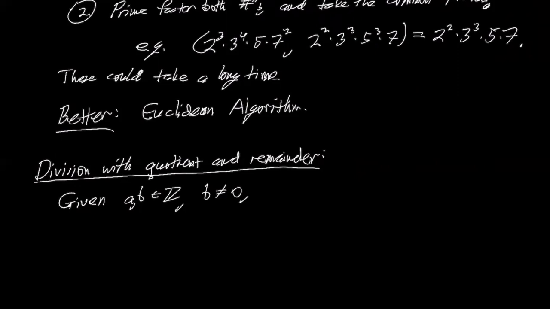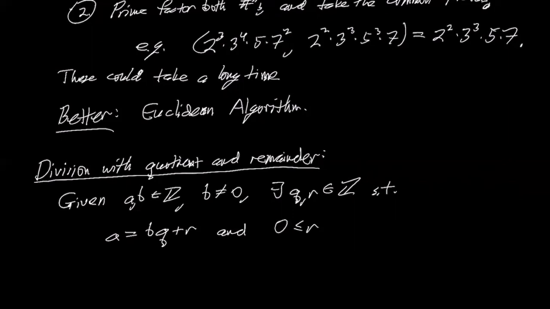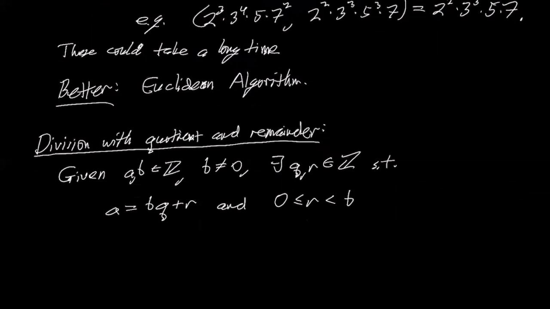Basically, if I want to divide a by b, I can get a quotient and a remainder. We don't want to really think about the fraction a over b because we're leaving the integers if we do that. But we can say there exist q and r in the integers such that a equals bq plus r. So that's basically like you're dividing, taking the quotient and the remainder. And r could be 0 if b happens to divide into a evenly, but it's also smaller than b, right? The remainder is always smaller than the thing you divide by.